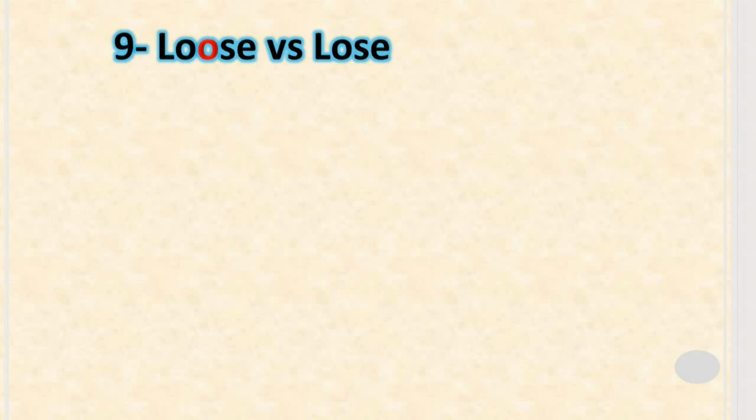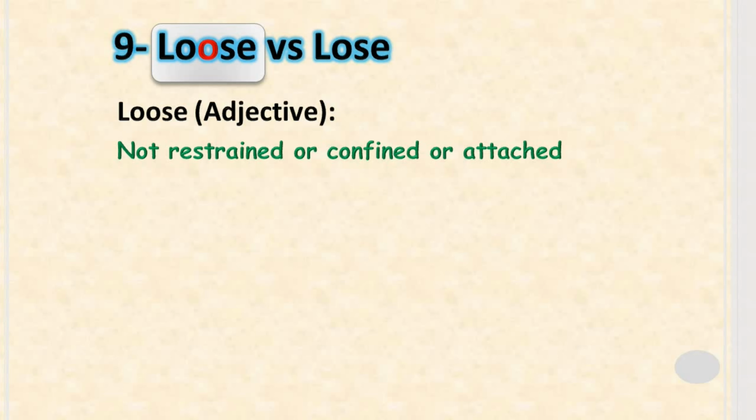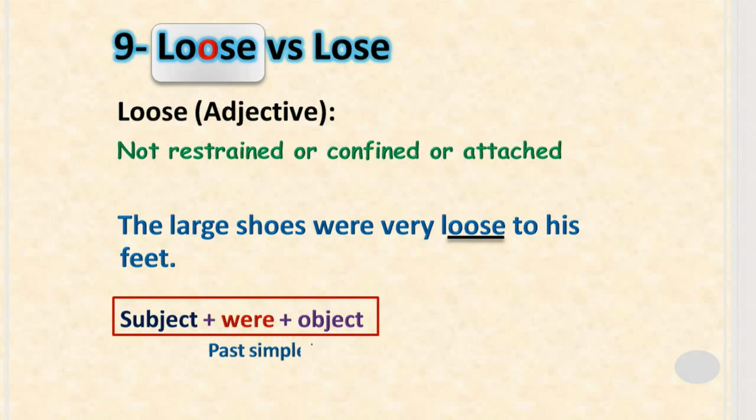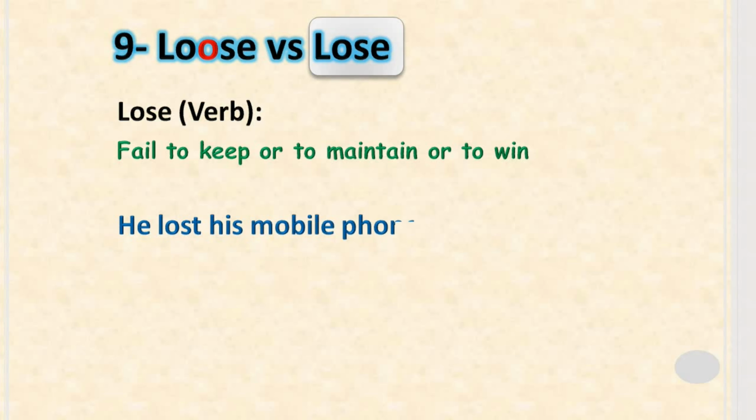Loose versus lose, both sound alike. Look at the first one. Loose, it's an adjective, not restrained or confined or attached to something. The large shoes were very loose on his feet. You bought a pair of shoes which were loose on his feet. It's a past simple tense with auxiliary verb. Second, lose, it's a verb, to fail to keep or to maintain or to win.